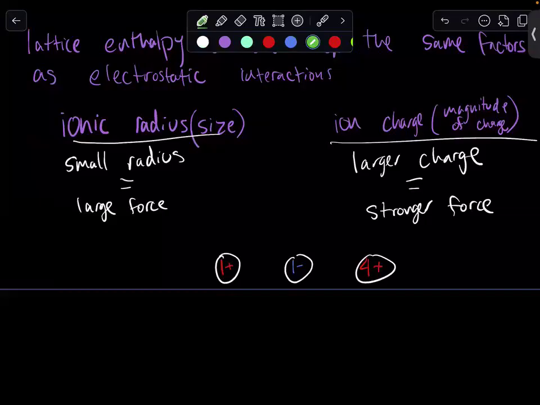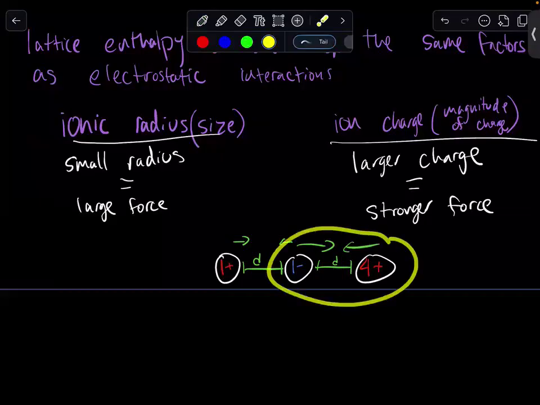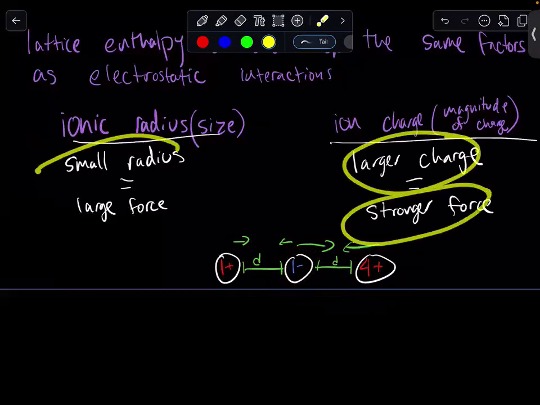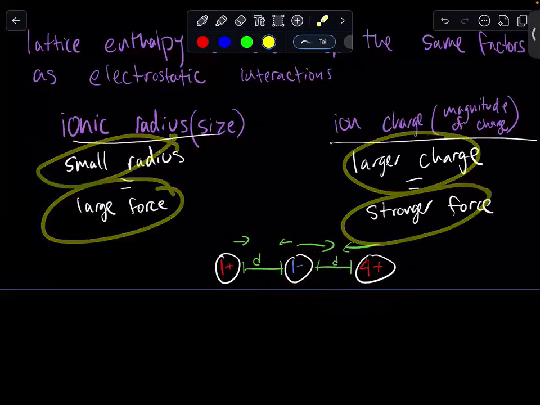And these distances are equal. We're going to feel a small attractive force here, but a much larger attractive force here because we have a higher charge. That 4 plus is going to pull on the 1 minus far greater. So a large charge makes a strong force and a small radius makes a large force.